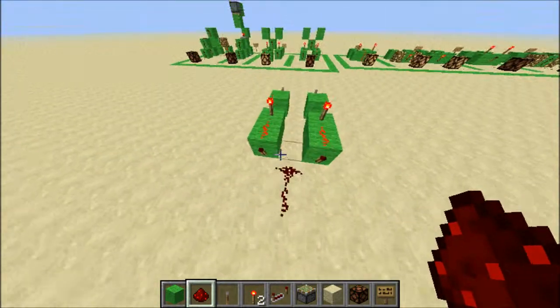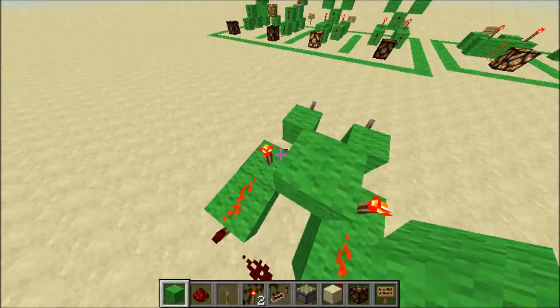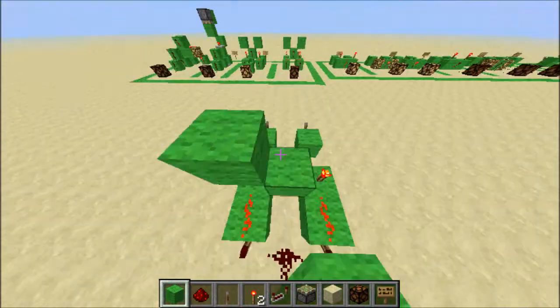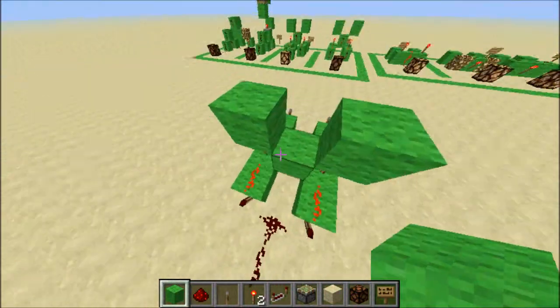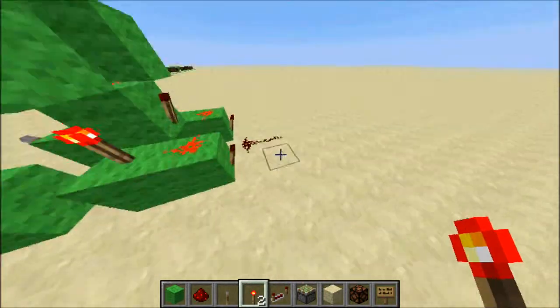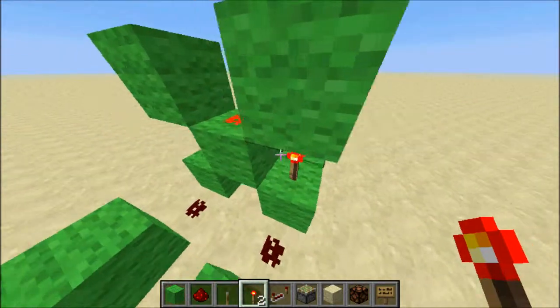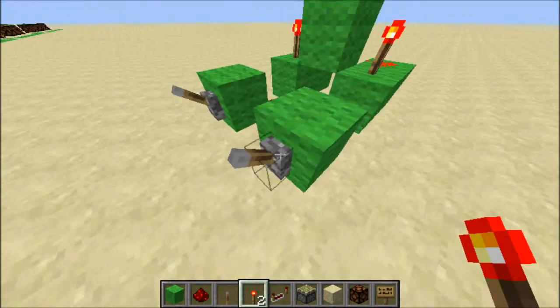So how do we make it an XOR gate? We place a block down here, down here, down here, redstone, torch. So what is it doing now? On top of here, we've built an AND gate. Watch this.